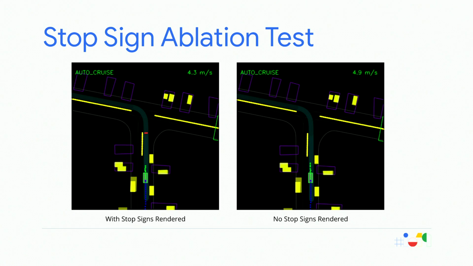So here's a scenario where we have drawn a stop sign with the red blob. We have taken this same scenario and we've removed the stop sign during the rendering stage to generate this scenario on the right. Now we'll take both scenarios and run our net on both of them. And if it's actually learned the meaning of a stop sign, it should behave differently between the two.